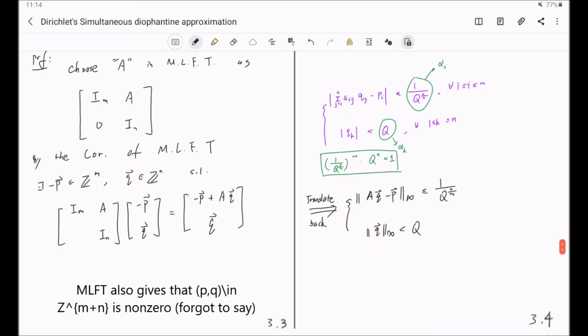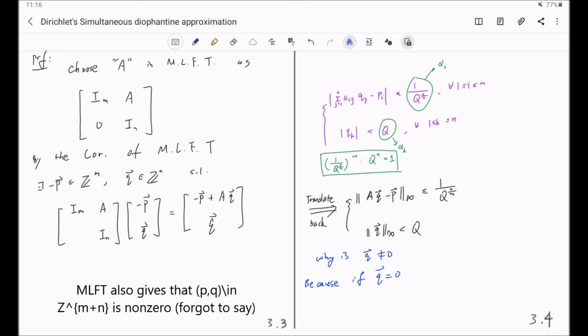So the question is, why is q non-zero? q is non-zero because, if q is indeed zero, then this part will be zero.